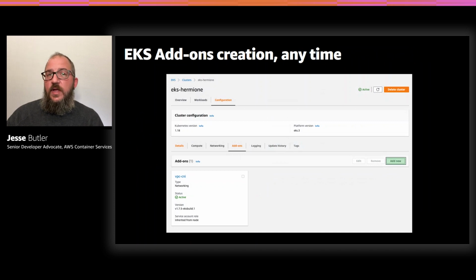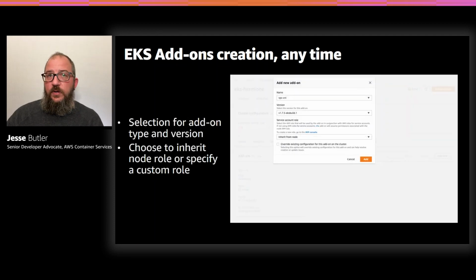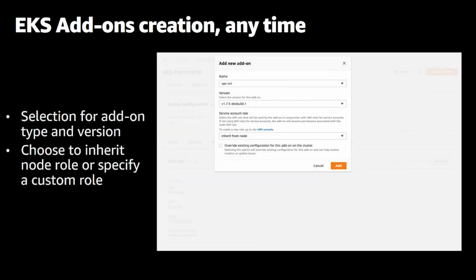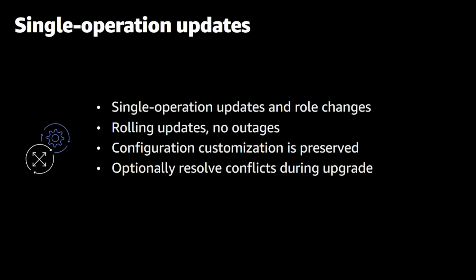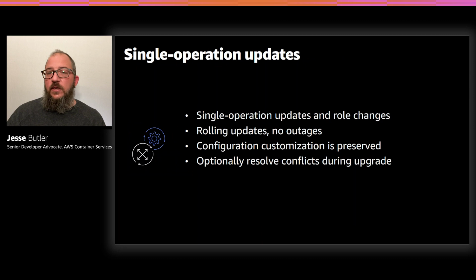And then at any point in time after the cluster is created, you can come into the console and go to add-ons and enable new add-ons. So you just click Add New, and you get a similar walkthrough and a set of drop-downs, except now, of course, you can select the IAM role that you want to choose. One of the really great things about this, and the powerful features of add-ons, is the single operation update functionality.